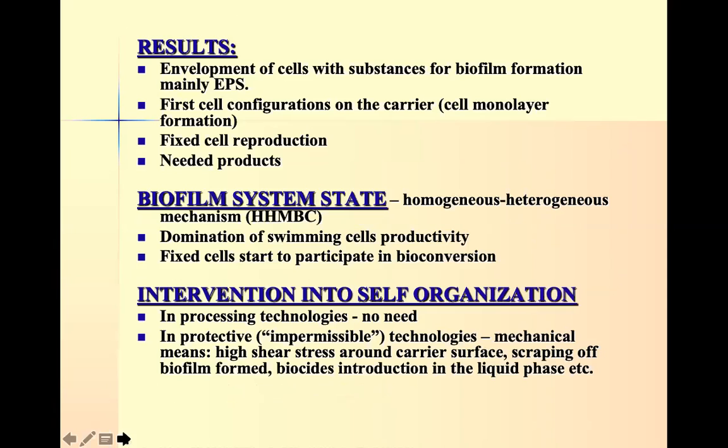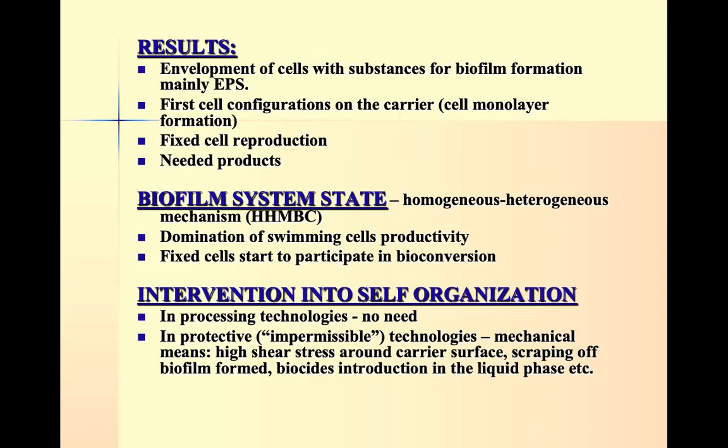So what are the results? Envelopment of cells with substances for biofilm formation, mainly EPS, exopolysaccharides, for making the single layer or monolayer of the cell on the surface of the carrier. First cell configuration on the carrier, cell monolayer formation, fixed cell reproduction, and needed products.